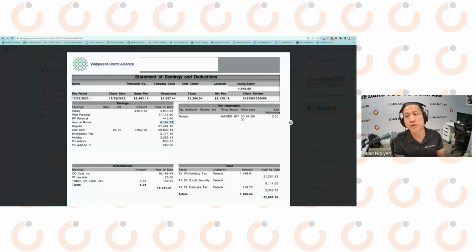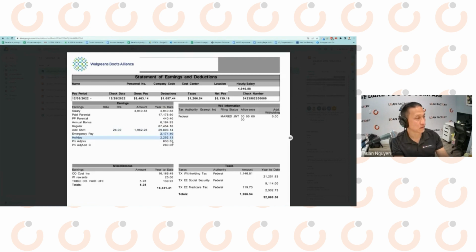We need to show 2 years of bonus to qualify. It doesn't have to come from the same company. Okay? It has to be the last 2 years. Regular is not important because we have the salary here. This is the shift differential. So this person might work nighttime, so he got extra pay. So we can use this.